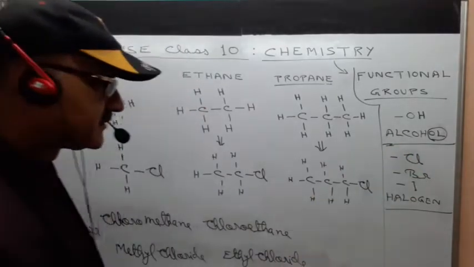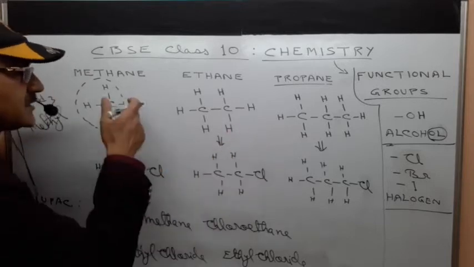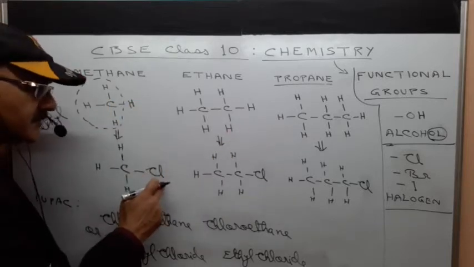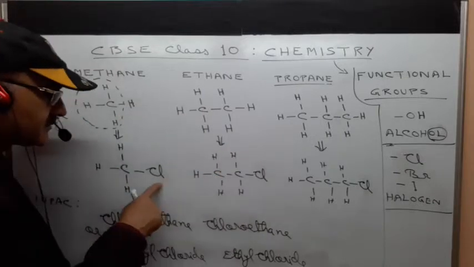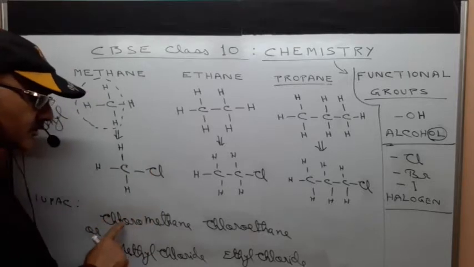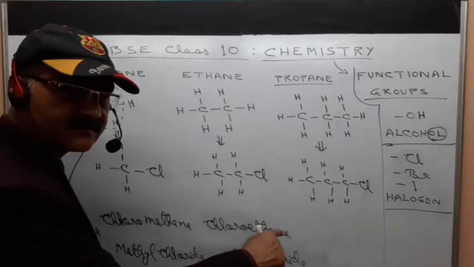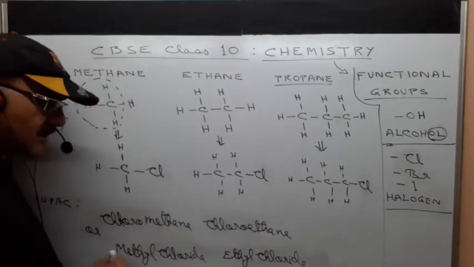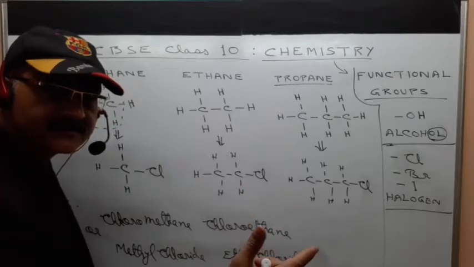I have explained using chlorine and bromine. Similarly, this hydrogen can be replaced by iodine. If this hydrogen is replaced by iodine, for iodine we use iodo, so this will become iodomethane, iodoethane, or methyl iodide, ethyl iodide, like that. Clear?